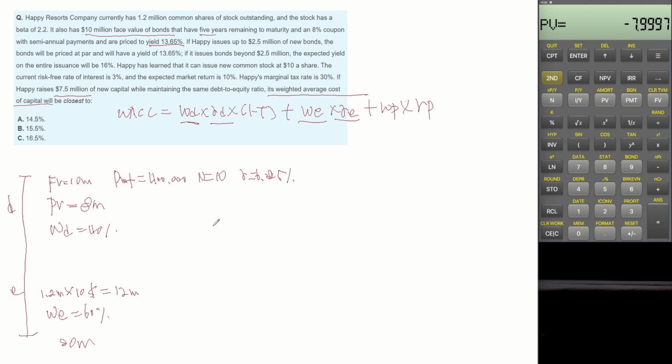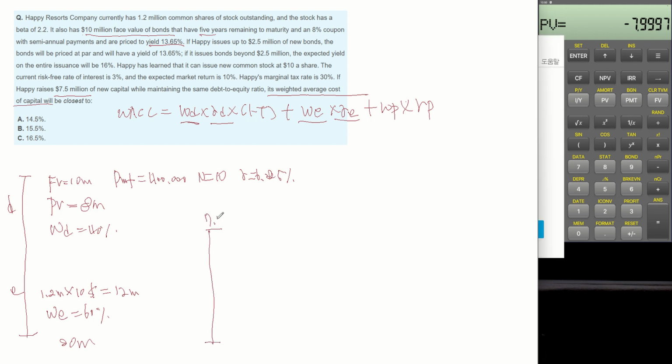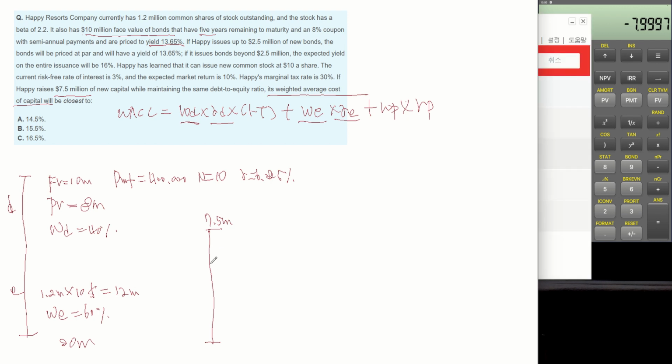The company wants to raise $7.5 million capital with the same capital structure. That means the company is going to raise $3 million debt and $4.5 million equity.